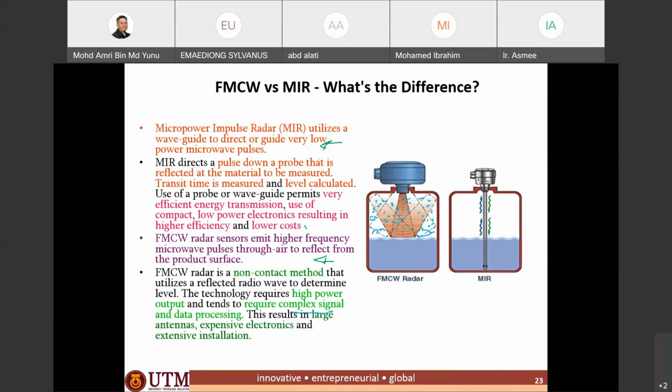MIR is much less complex and lower cost, but FMCW, the radar sensor based on the transmitted microwave signal, will be much more expensive, and the installation may take more time.